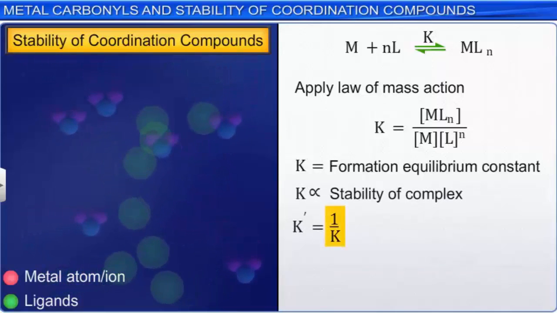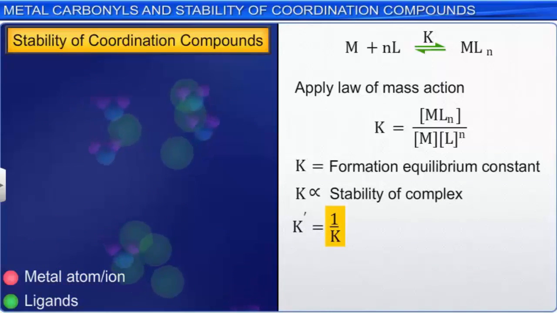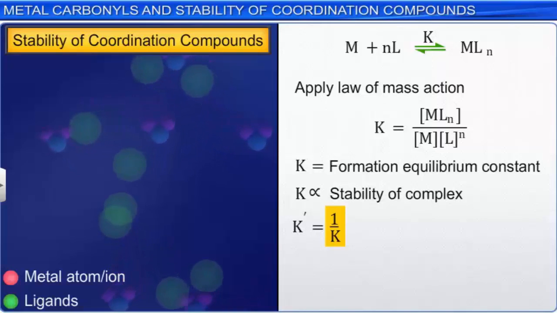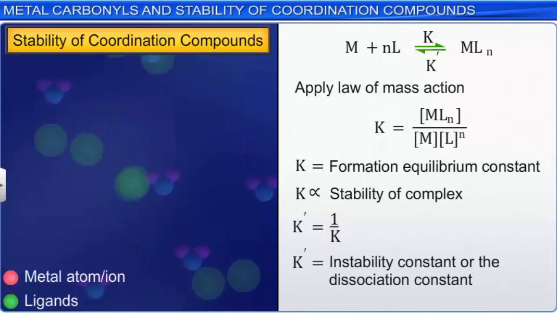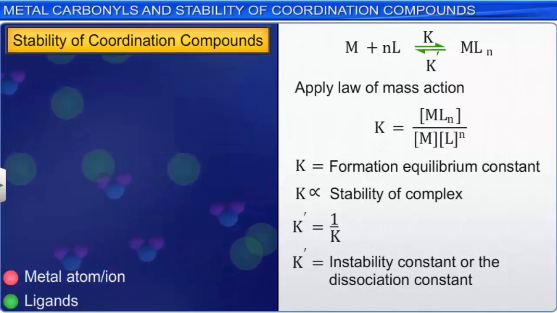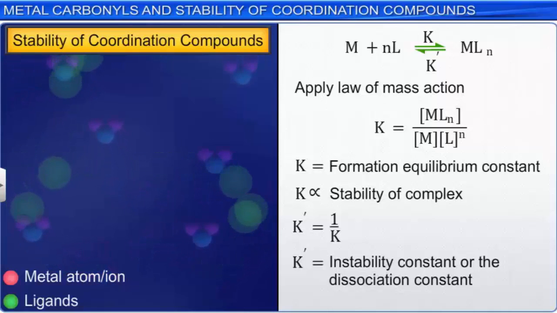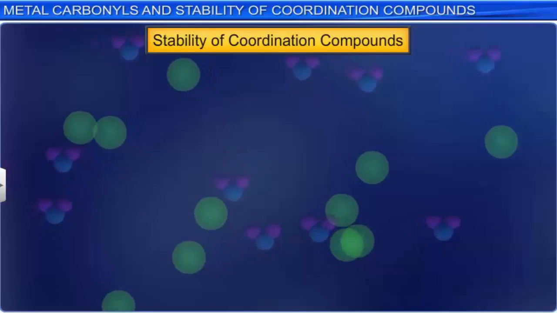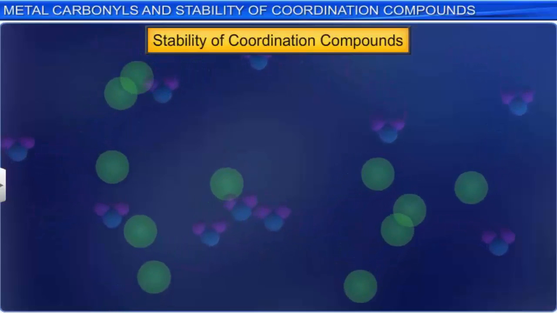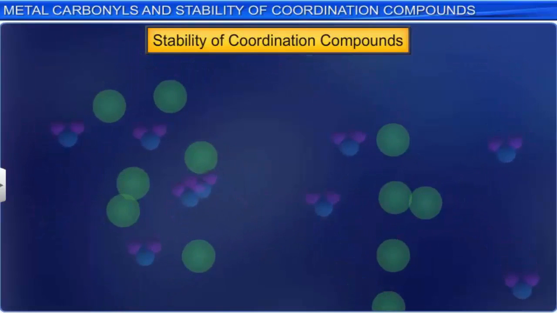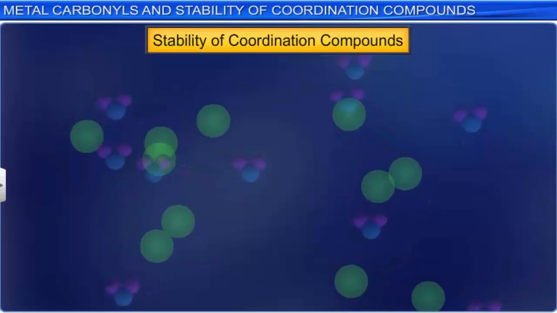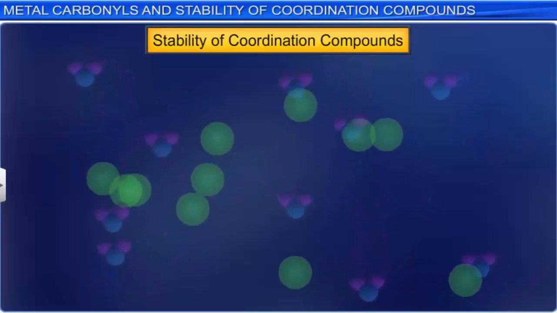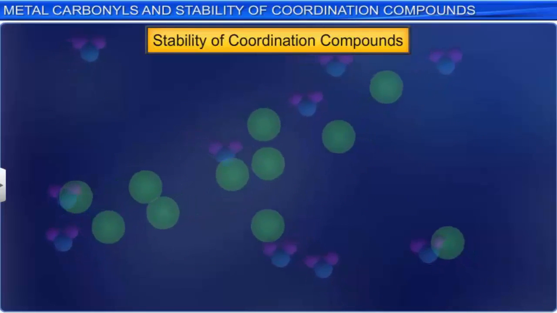It is important to note that as free metal ions rarely exist in a solution, complex formation reactions are usually studied in solutions. Metal ions are usually surrounded by solvent molecules that will compete with the ligand molecules and be successively replaced by them.